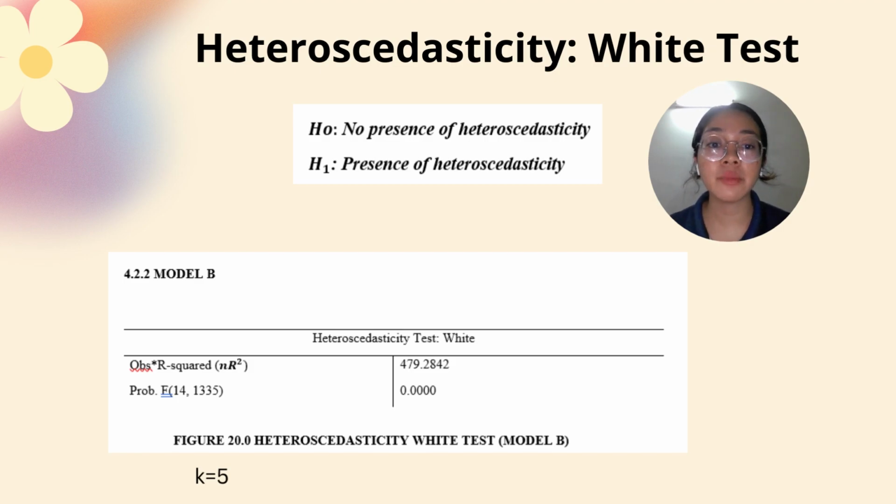As a result, our model B exhibits heteroscedasticity. At a significance level of 0.01, which is more than our p-value of 0.0000, we reject H0, as is customary. Our model demonstrates heteroscedasticity as a result.